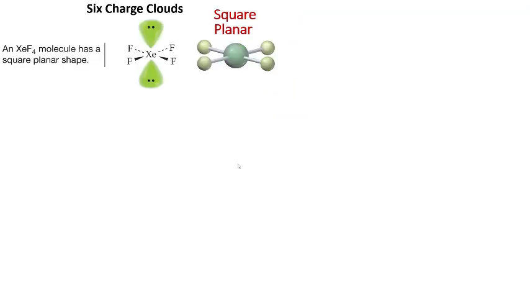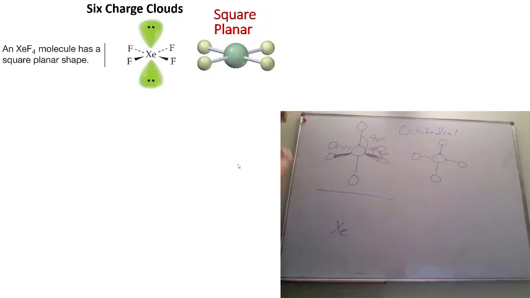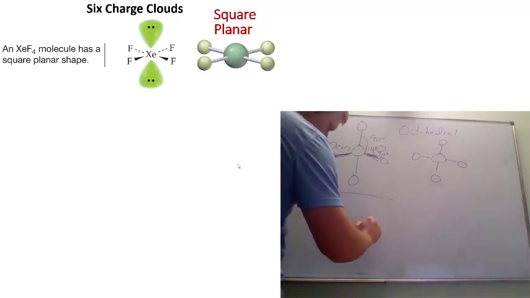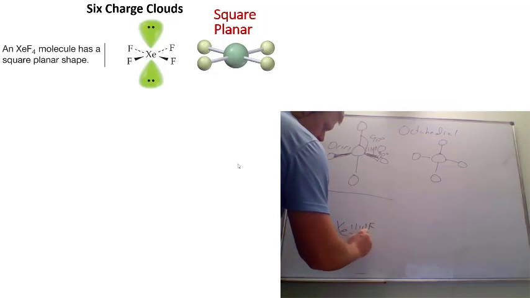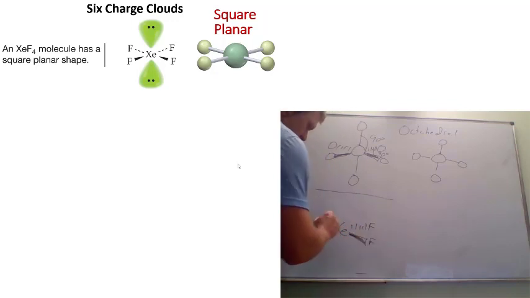Okay, the final shape that we'll show you today is if we substitute 2 different lone pairs into this octahedral parent geometry. And for example, here is XeF4. So we have our xenon here in the center. We have our fluorines coming in our quote unquote equatorial position. And we have lone pairs on the top and the bottom.